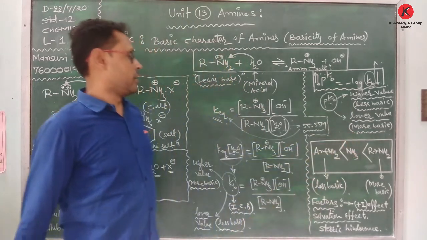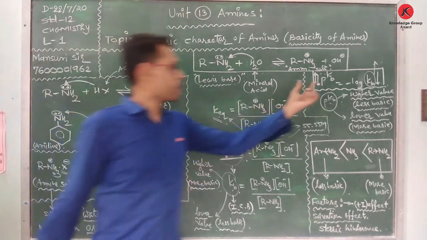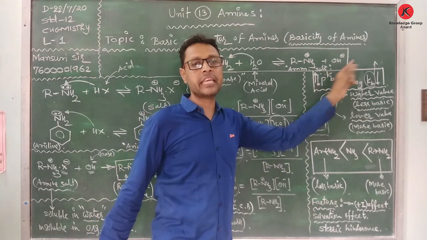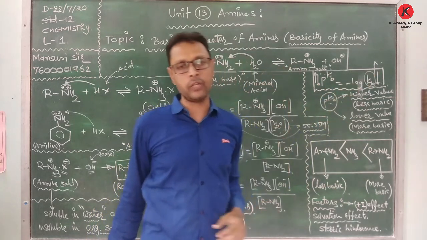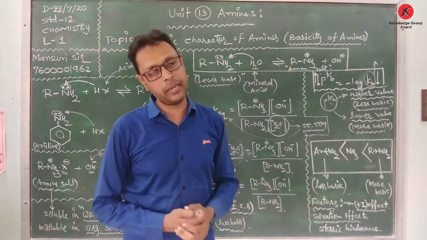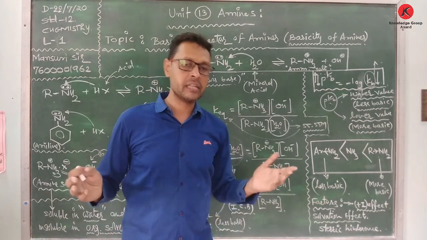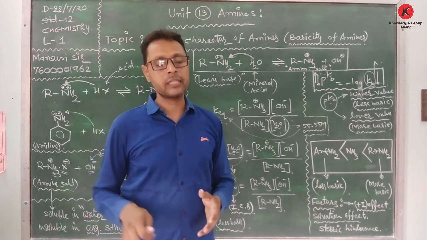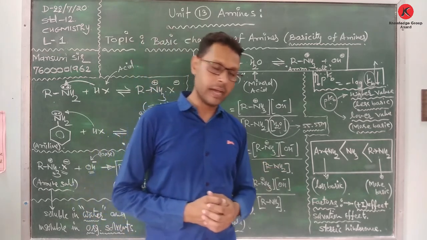Okay, so the relation of pKb and Kb is like this: pKb is equal to minus log of Kb. If the Kb value is higher, then pKb will be lower, and if Kb is lower, then pKb value will be higher.